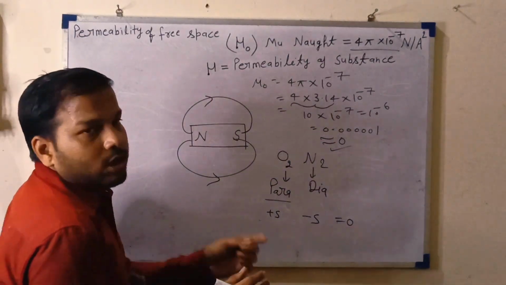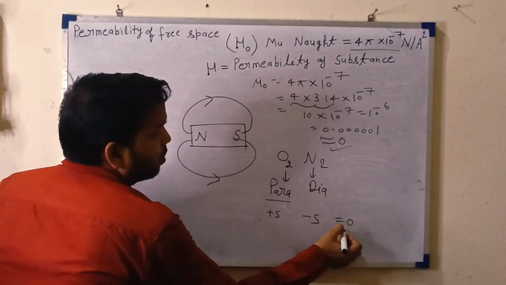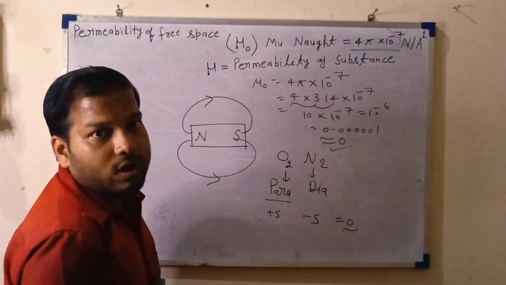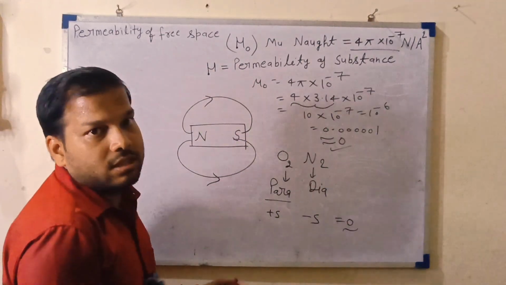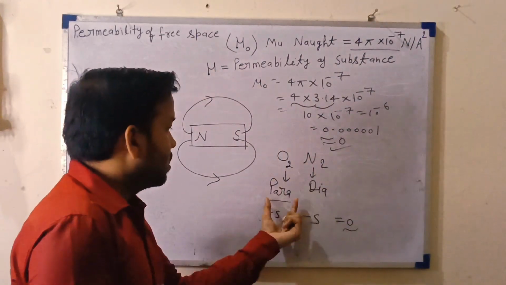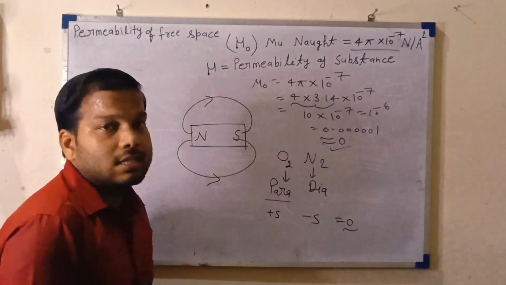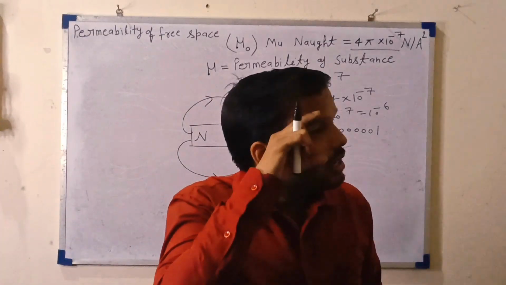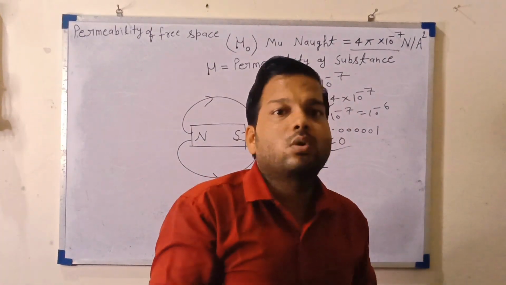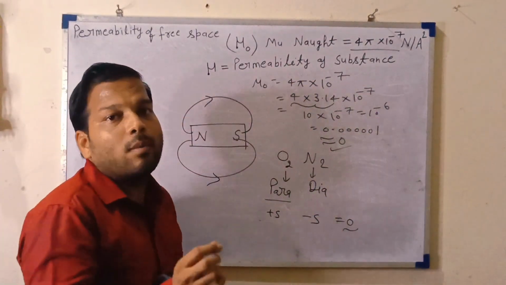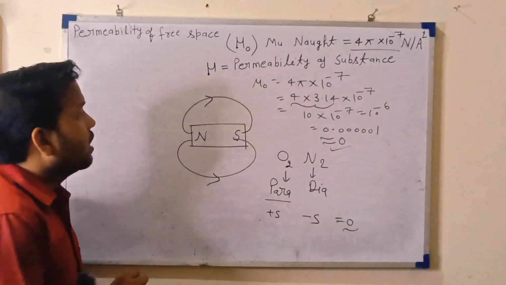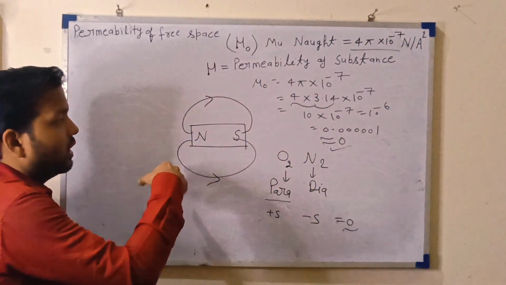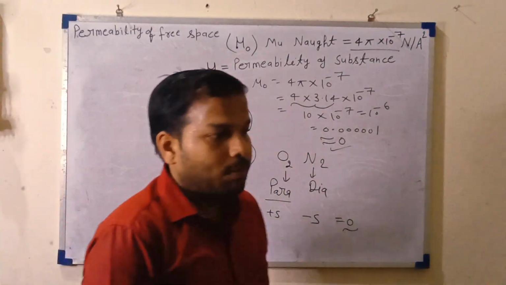That's why the overall value is almost 0. It means no effect. These both effects cancel each other, and there is no observable effect in this case. That's why in air the field lines expand freely, neither attraction nor repulsion.